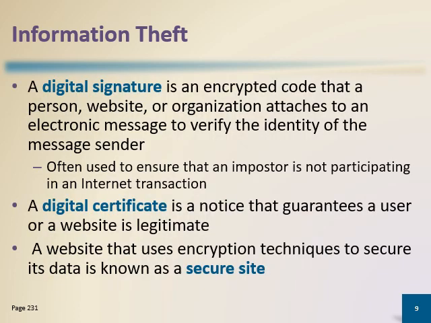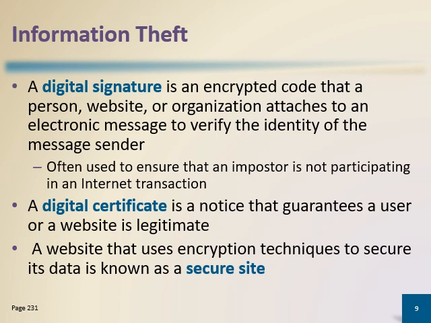Then we can use digital signatures and digital certificates. They also guarantee that whatever you have sent is authentic. A digital signature is an encrypted code that any website or organization can use by attaching it to an email to verify the identity of the sender.